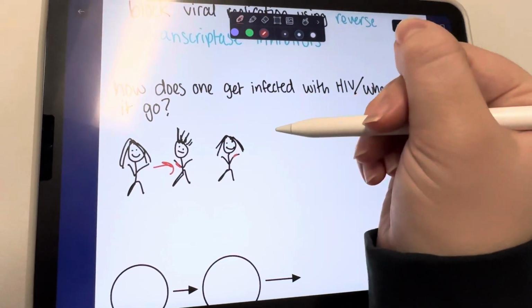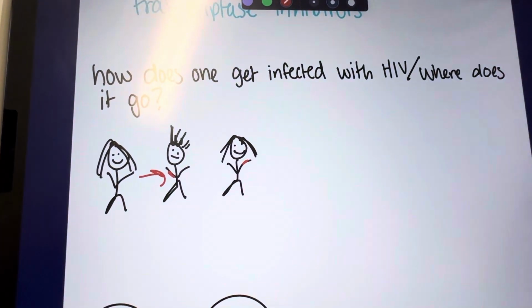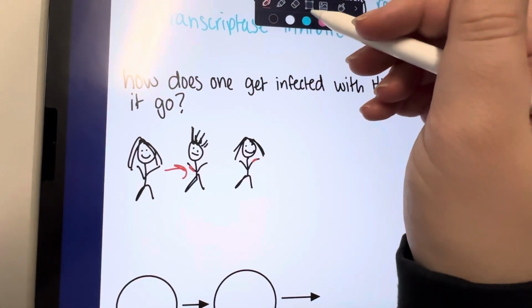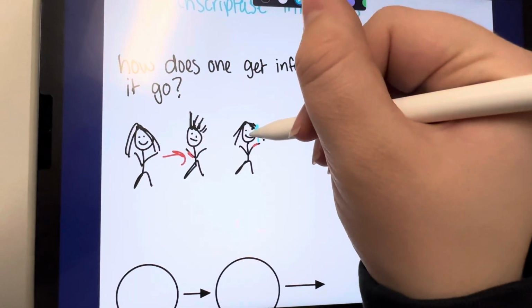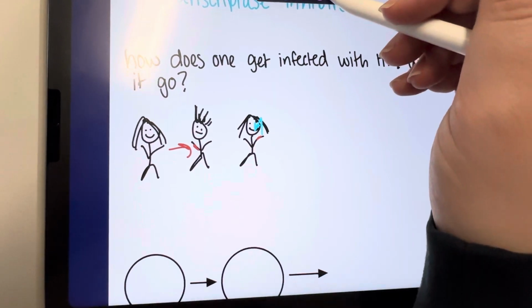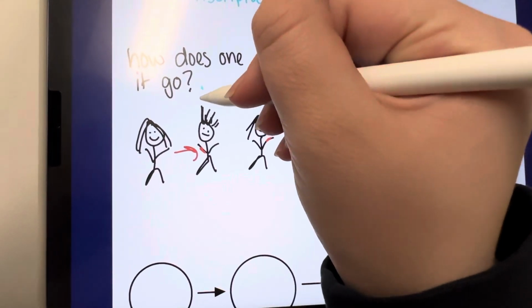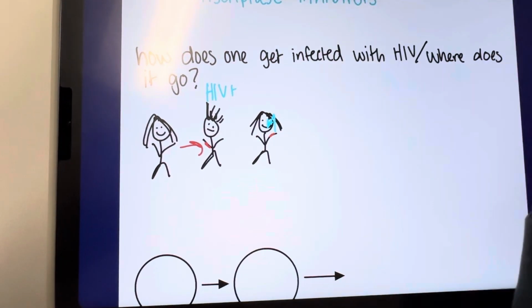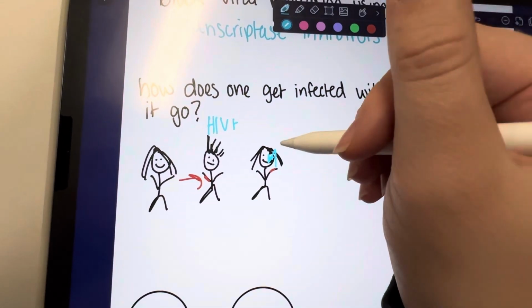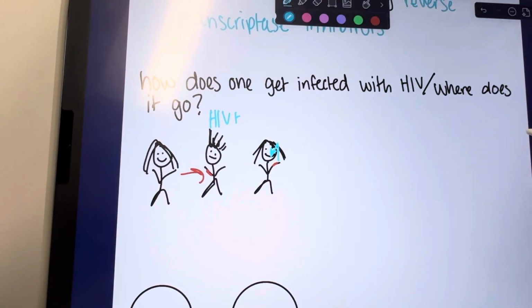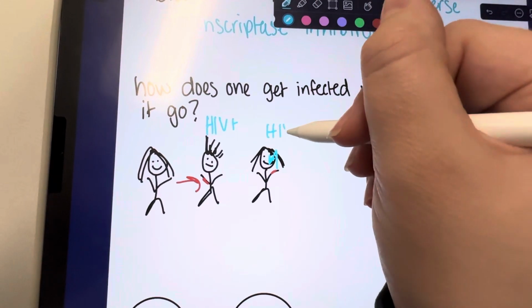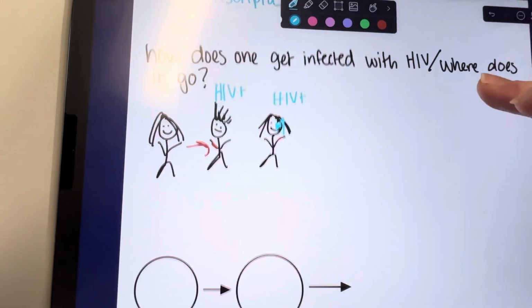She also gets just a little bit of blood on her arm, and somehow that blood is ingested. And the guy is HIV positive. The girl now who has ingested the blood will also be HIV positive.